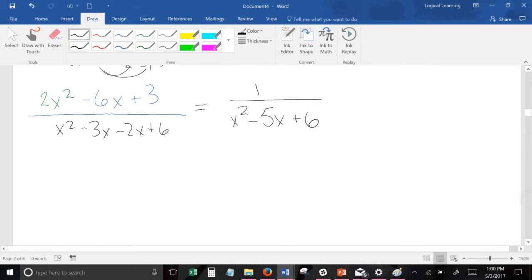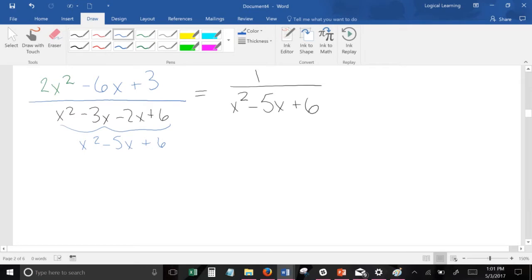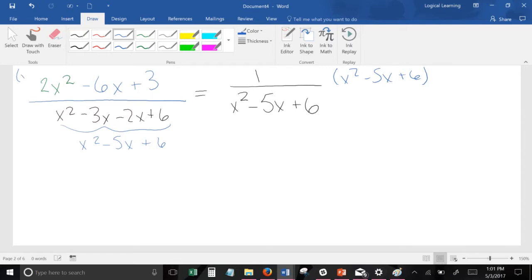Now we see here that this is actually equal to x squared minus 5x plus 6. So we have the same denominators on each side, so we can multiply each side by x squared minus 5x plus 6. We're going to do that on each side, because remember, if we do it to one side, we have to do it to the other to maintain the equality.